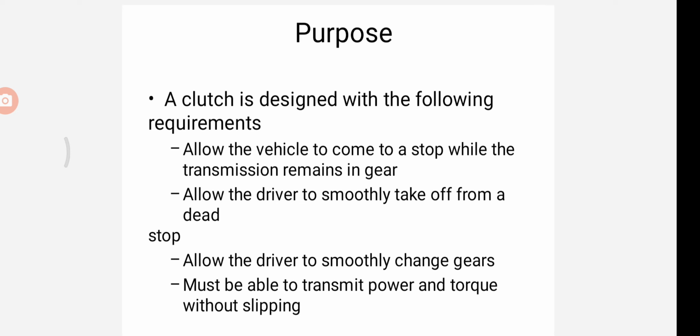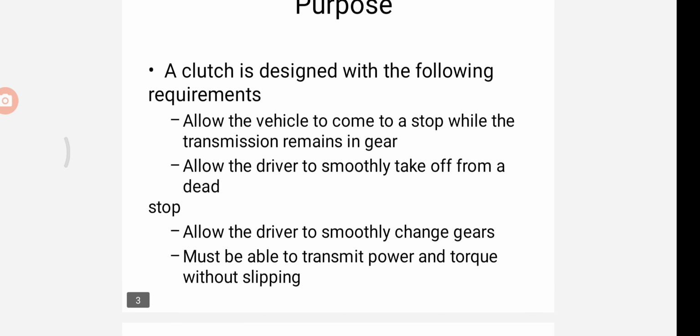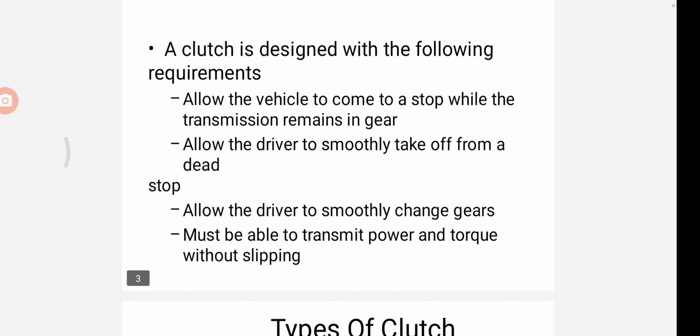For example, when we are shifting gears, the engine of the automobile is in rotary motion, so while we are going to stop, we have to apply the clutch. It allows the driver to smoothly take off from a dead stop, allows the driver to smoothly change gears, and must be able to transmit power and torque without slipping.